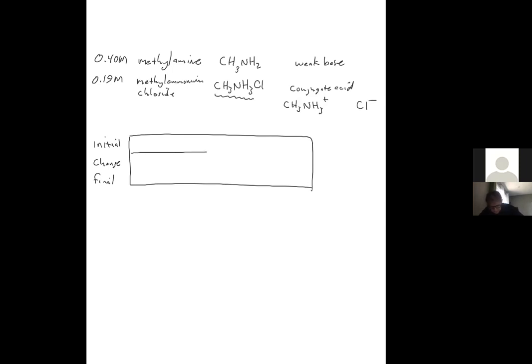I just want to point out we're doing exactly the same or similar to what we did in the previous example. Okay, so they put in here that's an NH2, sorry. Concentration of those. Now, I'm going to write them out here.